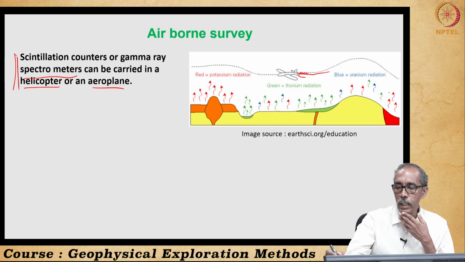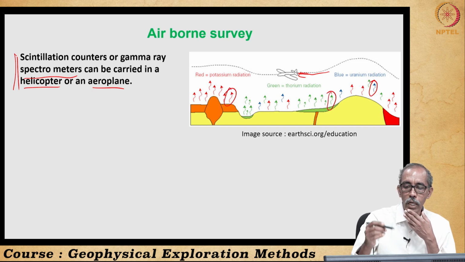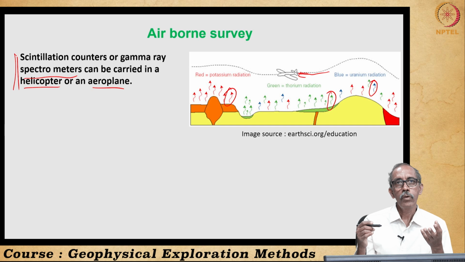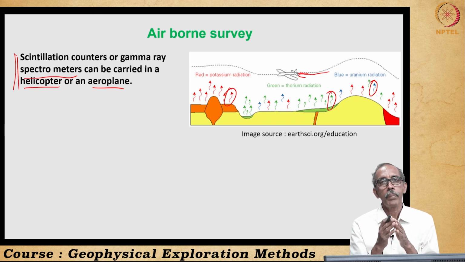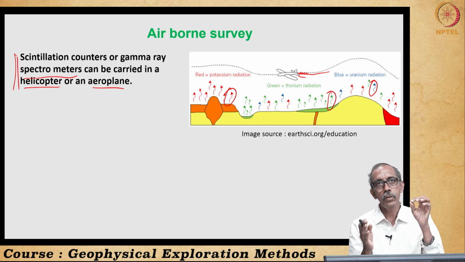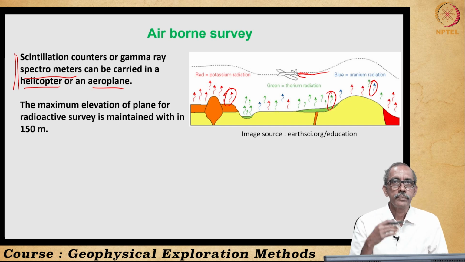It is able to pick up the radiation due to uranium, radiation due to thorium and radiation due to potassium. How? Because this spectrometer is capable of getting the spectra of gamma rays. So, we are able to get the approximate concentration of uranium, thorium or potassium, right.